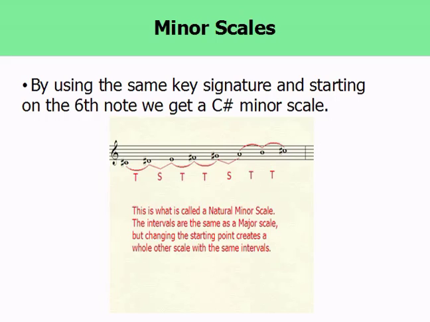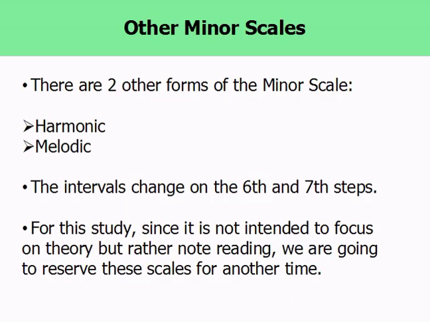The intervals are the same as major scale, but they have a different starting point. T, S, T, T, S, T, T. Starting on C sharp to D sharp, E, F sharp, G sharp. It's the same order of notes that you saw on the E scale, only starting on a C sharp. So E major is relative to C sharp minor. Or I should say C sharp minor is relative to E major.